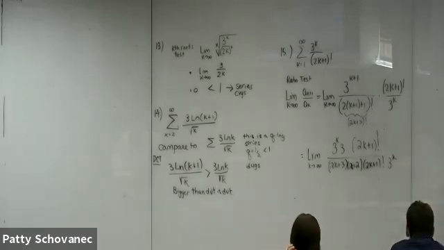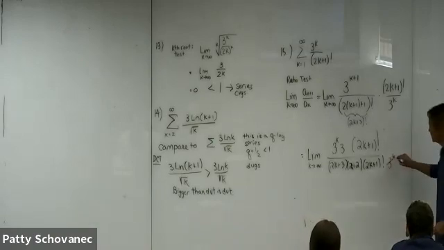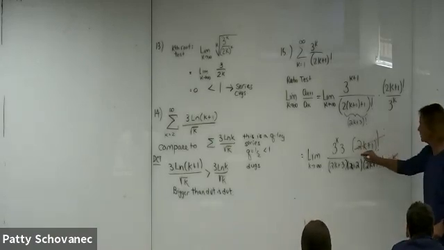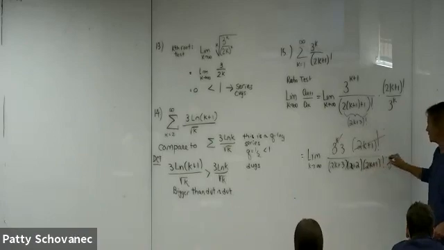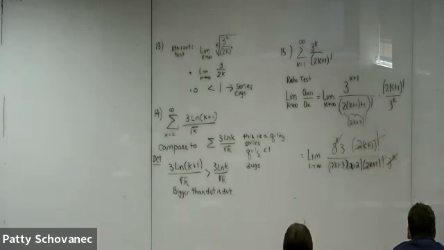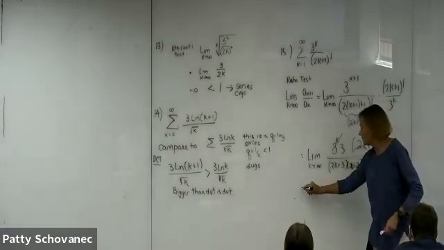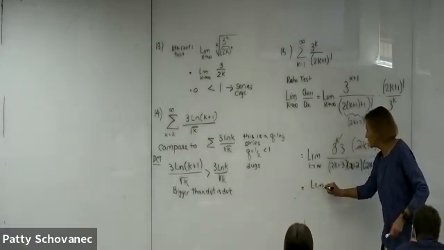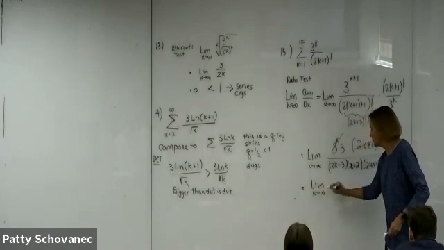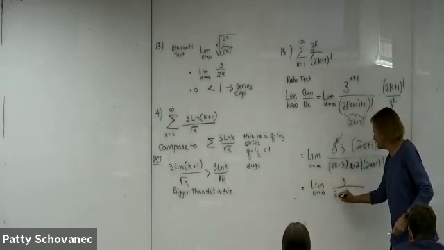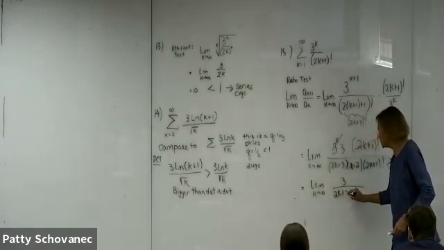And so we cancel here, here, here. So I got a 3 over 2k plus 3 times 2k plus 2.